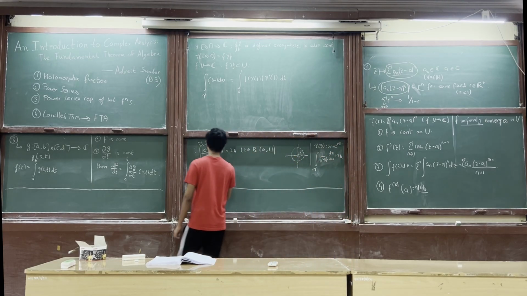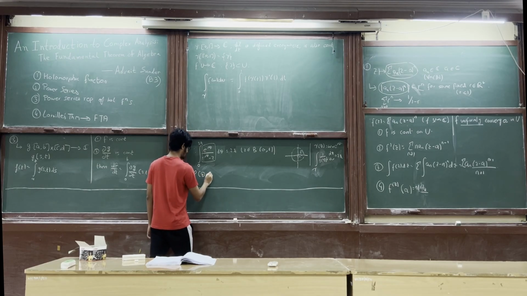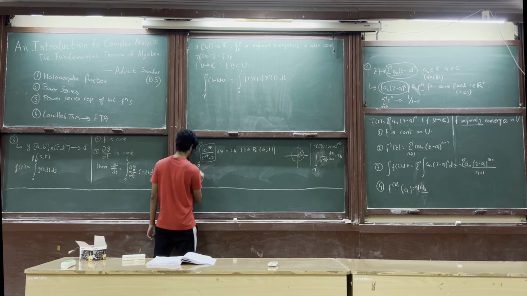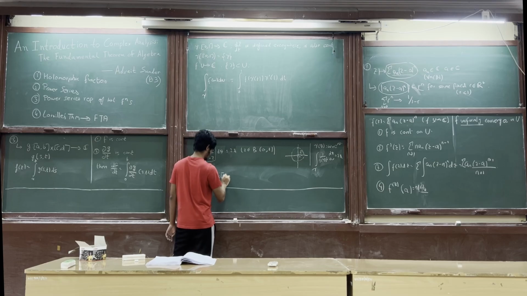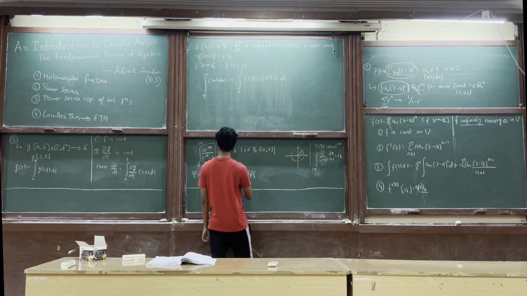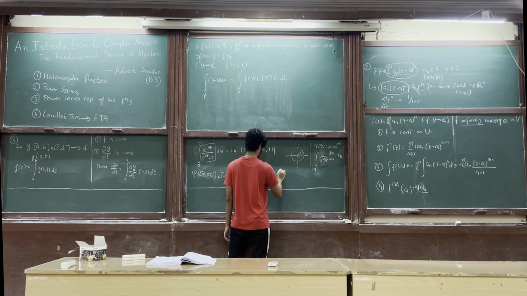So we shall now define phi of theta comma t, defined on 0 to 2 pi cross 0 comma 1 to C, phi of theta comma t equal to e power i theta, e power i theta minus t z.